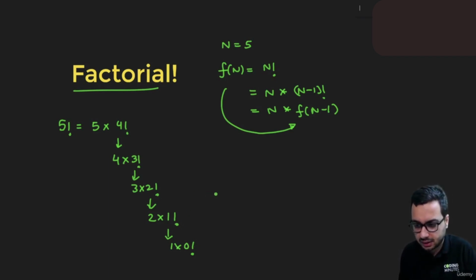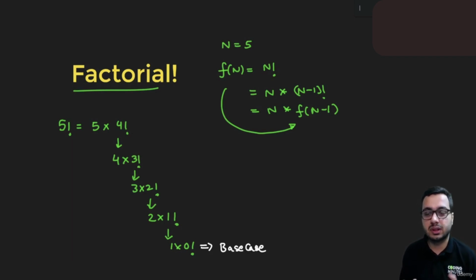So let us see what these terms are. At this point, we would say we have reached a case which is known as the base case. That means we cannot reduce our problem further, and the base case is the case where we know the answer of the subproblem. So 0 factorial is nothing but 1. So what will we return?